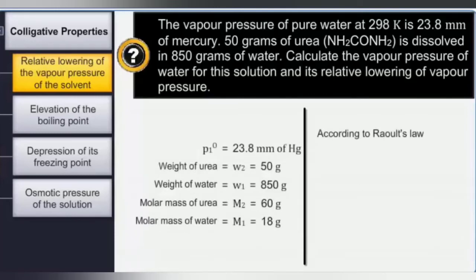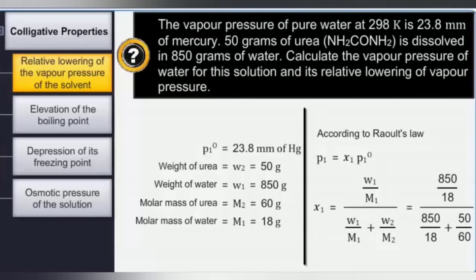According to Raoult's law, vapor pressure of water for this solution is the product of the mole fraction of the water and the vapor pressure of pure water. Let us first calculate the mole fraction of water. Substituting the given values of W1, W2, M1 and M2 and on solving, we get X1 equal to 0.983.